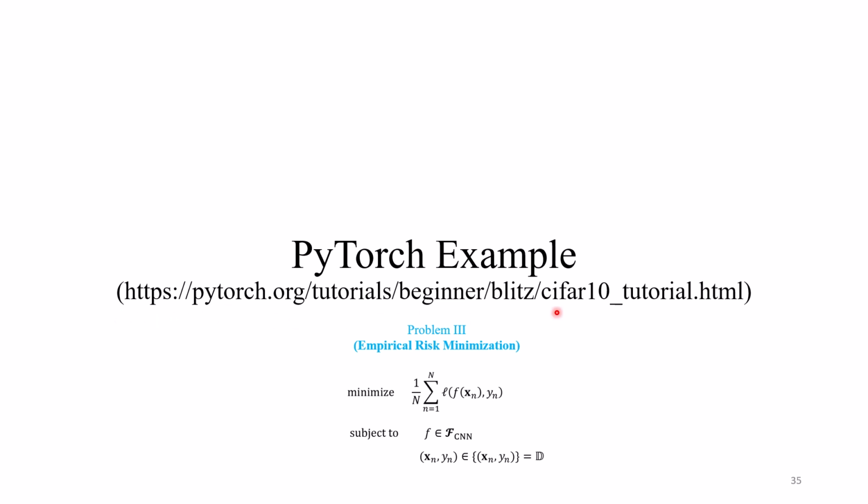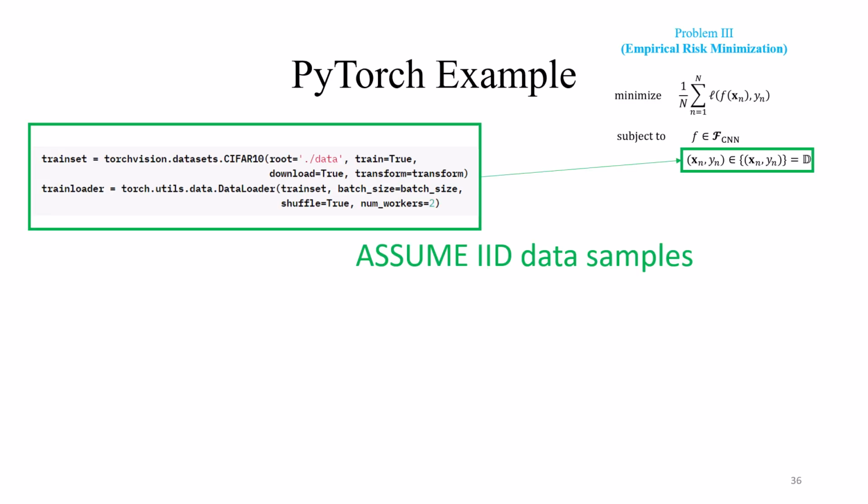Here we use this particular public example from the PyTorch website. Now, I assume that the audience has at least some familiarity with Python and PyTorch. So here I'm just going to illustrate parts of the code which correspond to the framework that we previously mentioned. On this slide, it's quite clear that what we're trying to do is to prepare a dataset which corresponds to this part of the minimization problem.